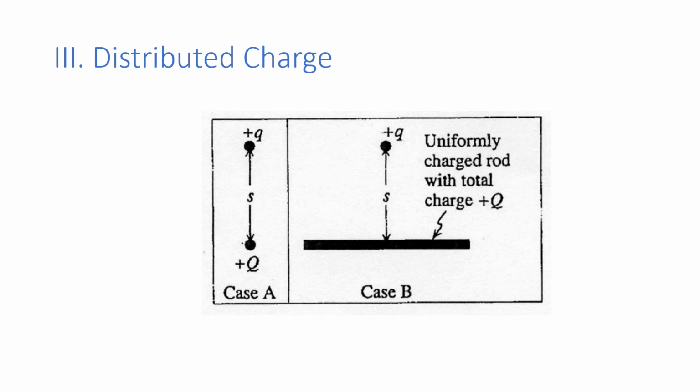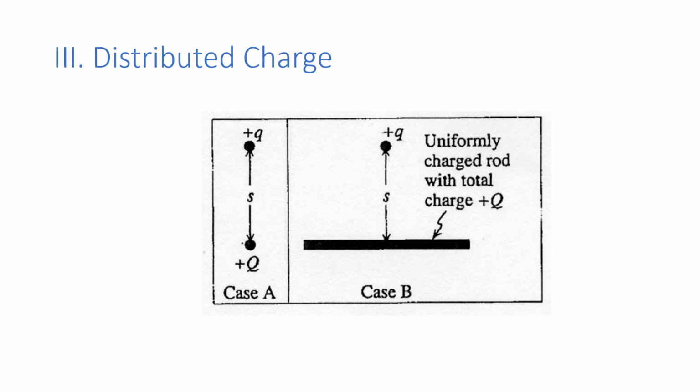As we go farther away from the center of the rod, there will be more distance from our test charge plus q. So the force will be less, because Coulomb's law tells us that the force decreases inverse square proportionally to the distance between the two charges.